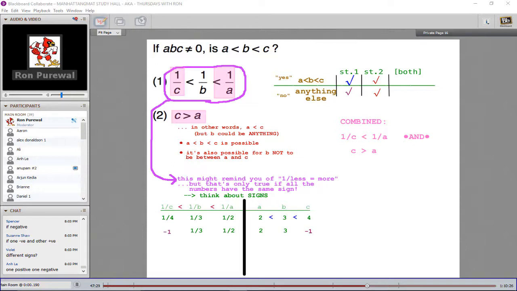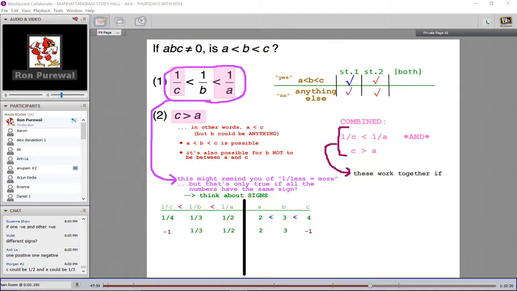If you need to play around with numbers to show this to yourself, then do it, right? If they're both positive, this will totally work. And if they're both negative, this will also totally work. And again, if you need to look at specific cases, then by all means, that's what you should do.